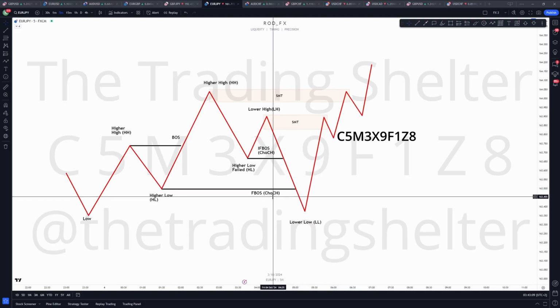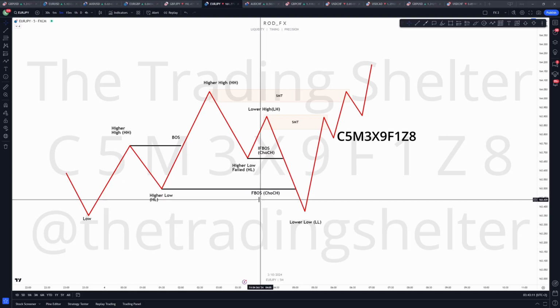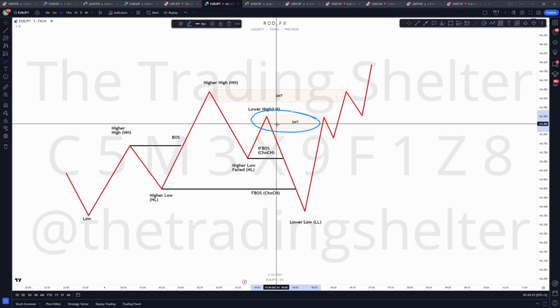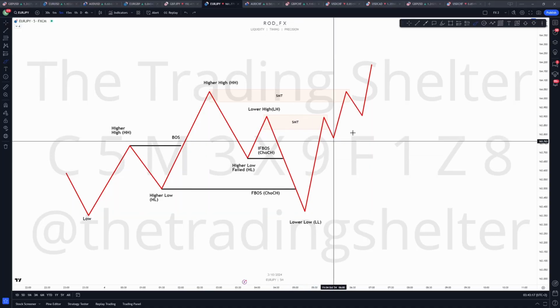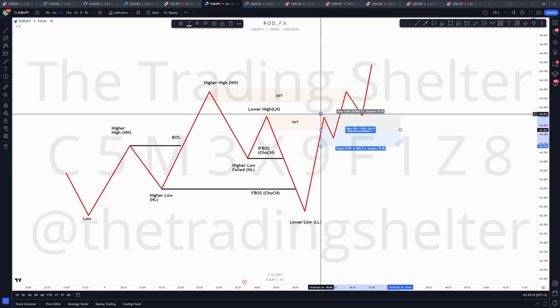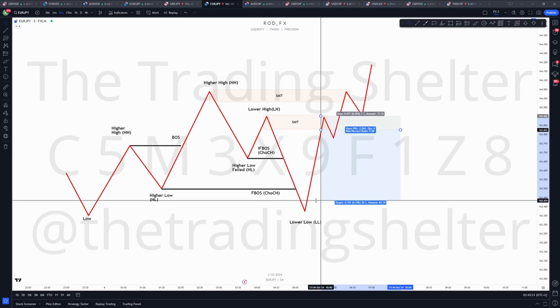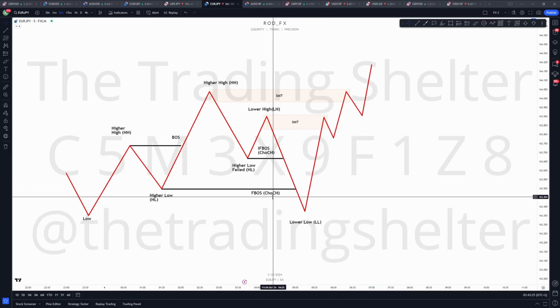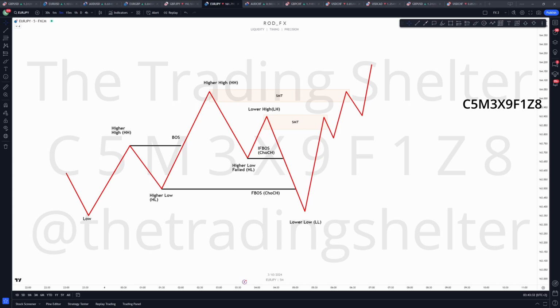The only thing the FBOS provides for you at your current stage is the identification of the trap. So you would stay away from that sell if that's the case, if you identify that FBOS properly. This is the only way and the only reason I want you to use FBOS in your charts.